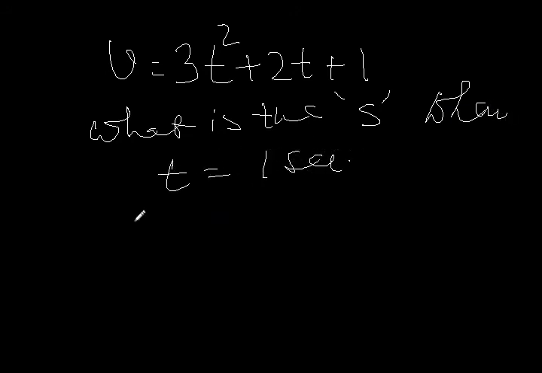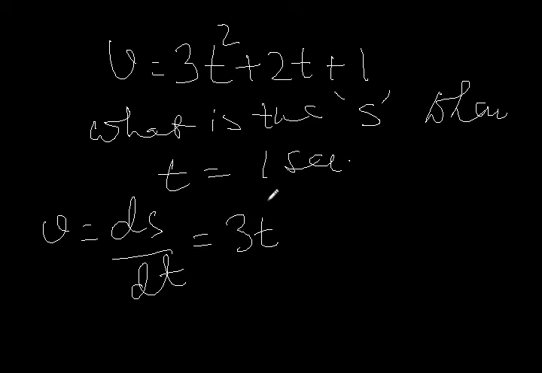So now what you do, you integrate. As we know, v is ds by dt, as I've already shown you earlier. It is 3t square plus 2t plus 1.